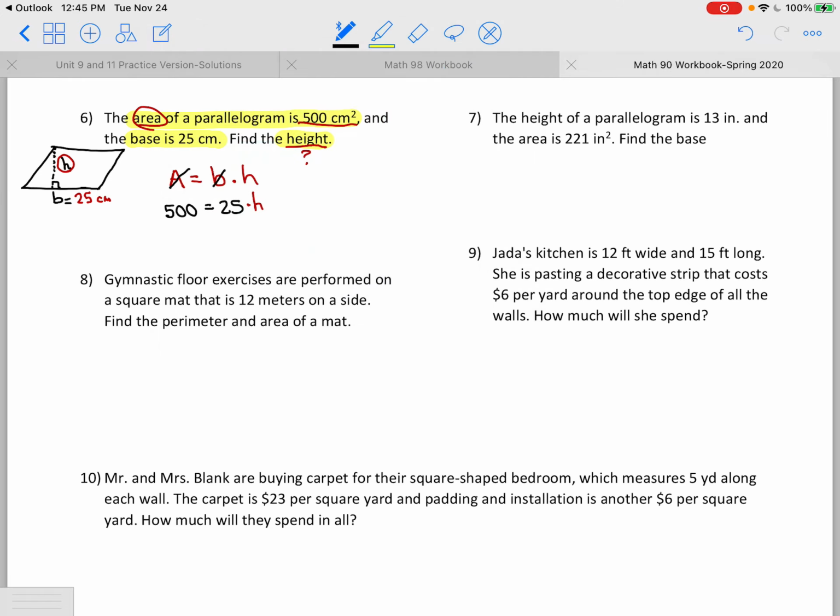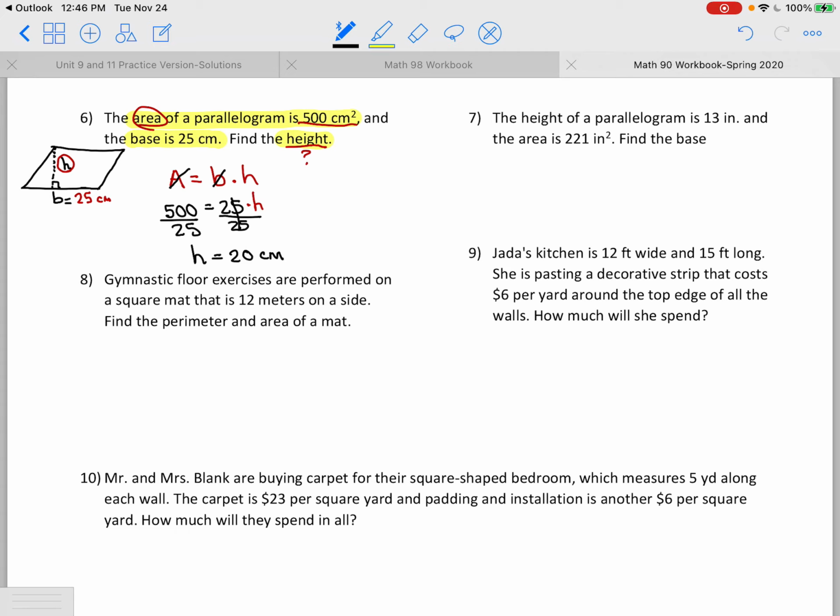Okay, then we just start solving this, right? We know that we can just easily get rid of that 25 by dividing that coefficient out of there. And I can turn this around, so the height is equal to 500 divided by 25, which is going to give me 20. Okay, and my units there would be centimeters.